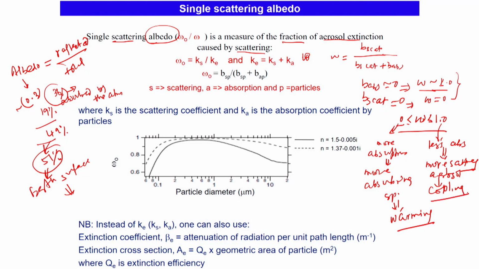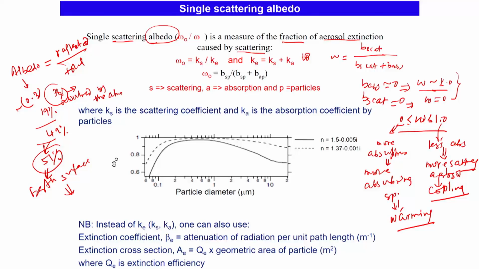So just remember, by just looking at the concentration of scattering and absorbing aerosols, you cannot tell whether there will be warming or cooling. What we have to derive is the single scattering albedo, which is a better predictor for warming from aerosol absorption or cooling from scattering.